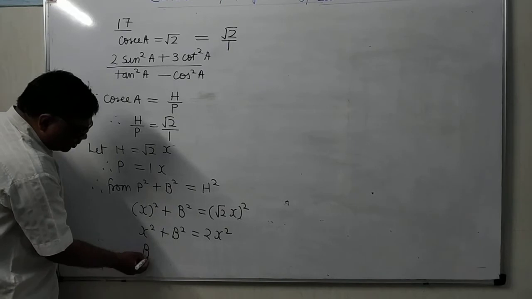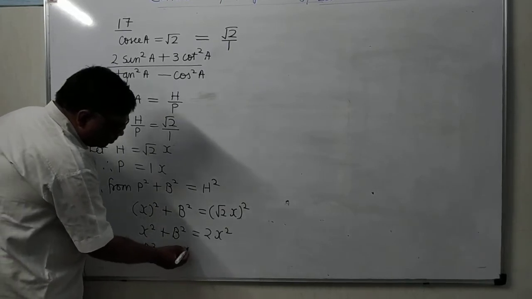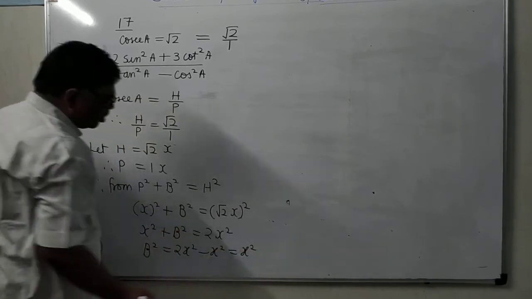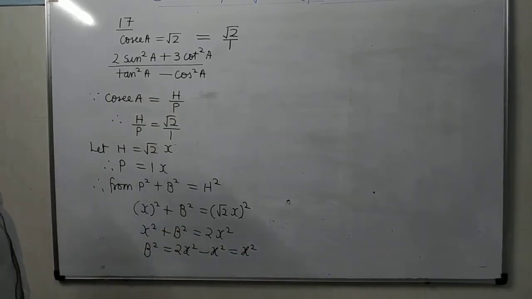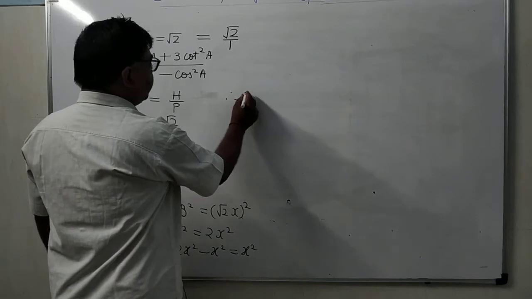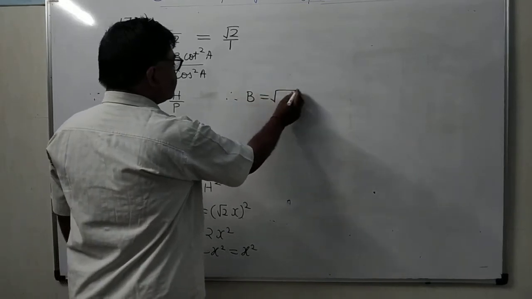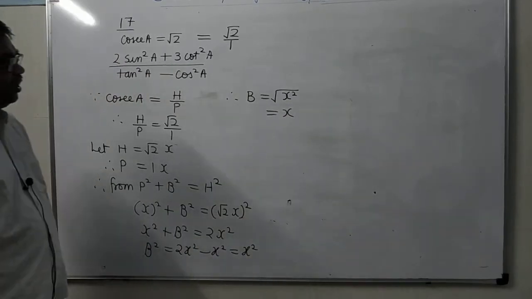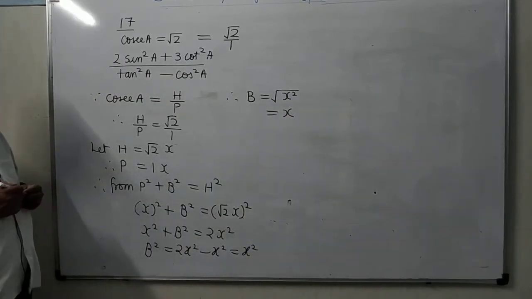So what is B square? That is equal to x square. B square equals x square, therefore B equals x.